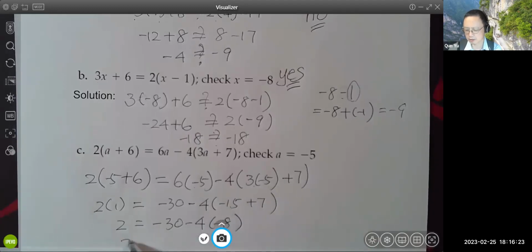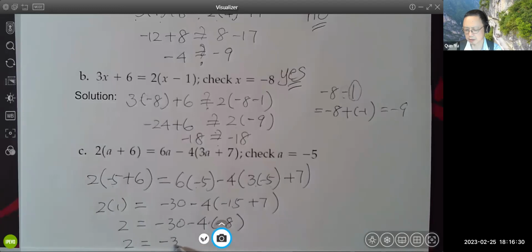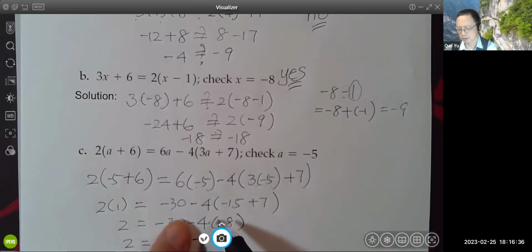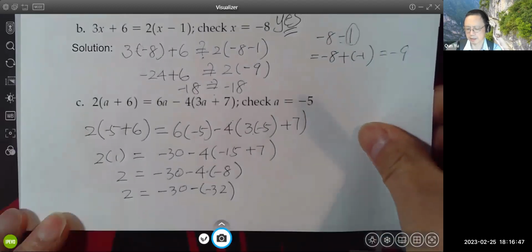Okay, let's continue. We still need to do multiplication first. Here's the multiplication. So I copy -30 and minus. When I do multiplication, it's 4 and -8. That's -32. So negative is positive. And you can also say minus is plus.